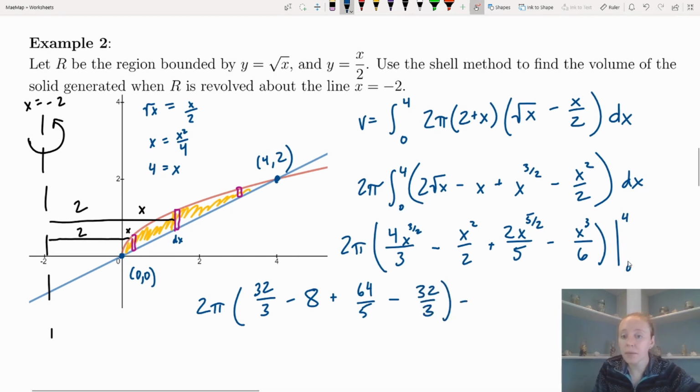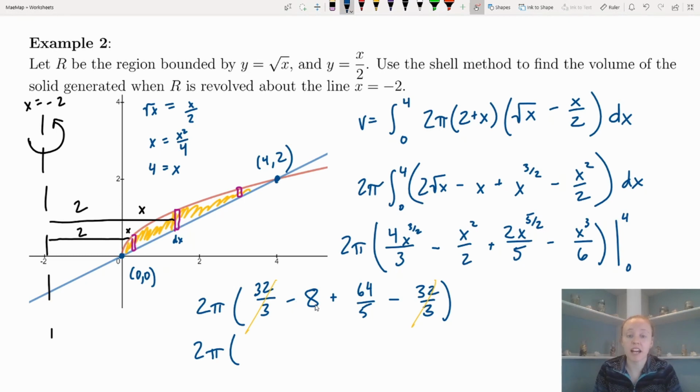And then when I plug in 0, all of these terms go to 0, so I don't even need to worry about subtracting it. Now from here, you'll see that my 32/3 cancels out with my 32/3. So I'm left with 2 pi times -8 plus 64/5. So if I rewrite this, I'm going to find a common denominator, and that common denominator is 5.